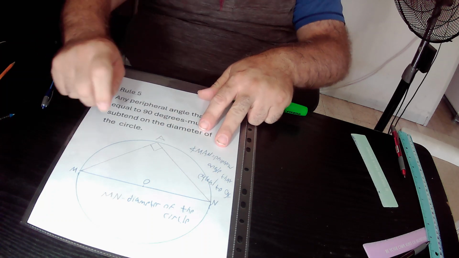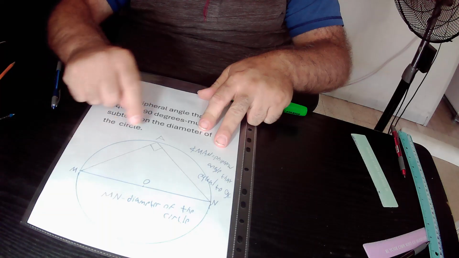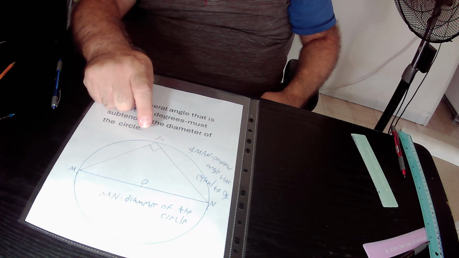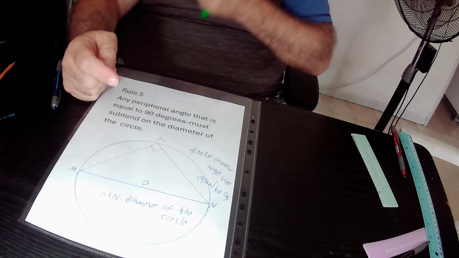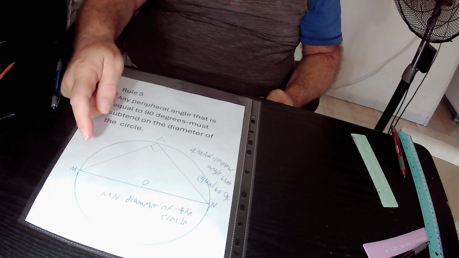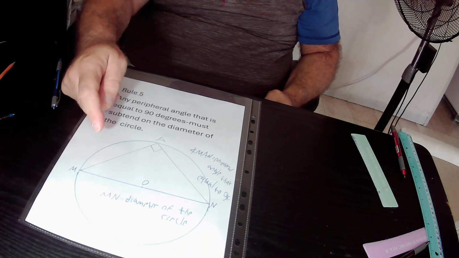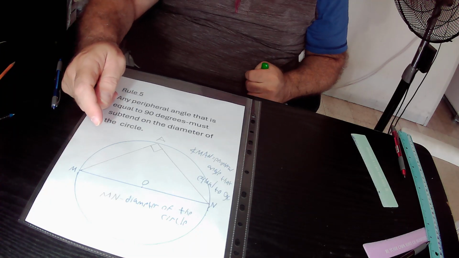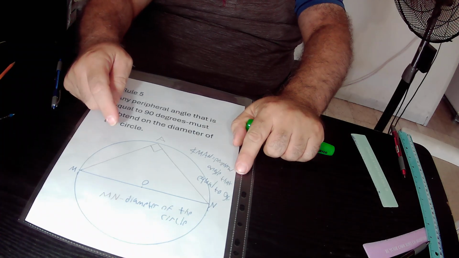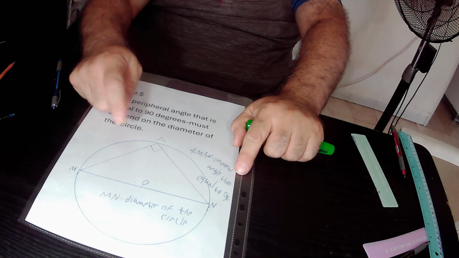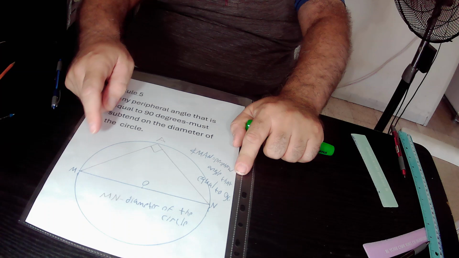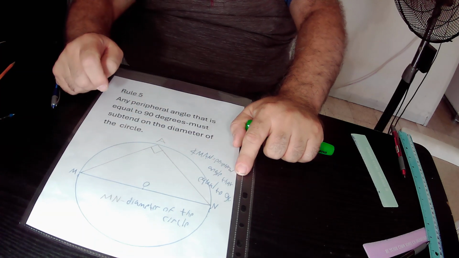This is peripheral angle MAN, that is the right angle, it is equal to 90 degrees in its size. And according to rule 5, peripheral angle MAN must subtend on the diameter of the circle. And indeed, peripheral angle MAN subtends on MN, that is the diameter of the circle.